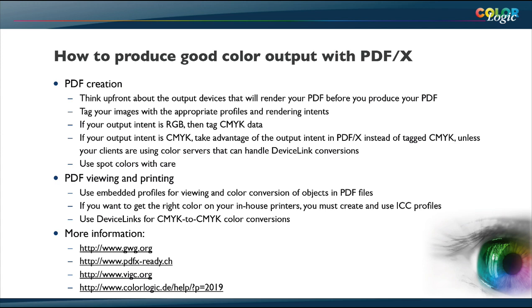Unless, and there is a good solution to do CMYK to CMYK, with workflow tools, color servers that do CMYK to CMYK with device link profiles. There are more and more tools out there in the market, including our color server, that do CMYK to CMYK conversion with device links.